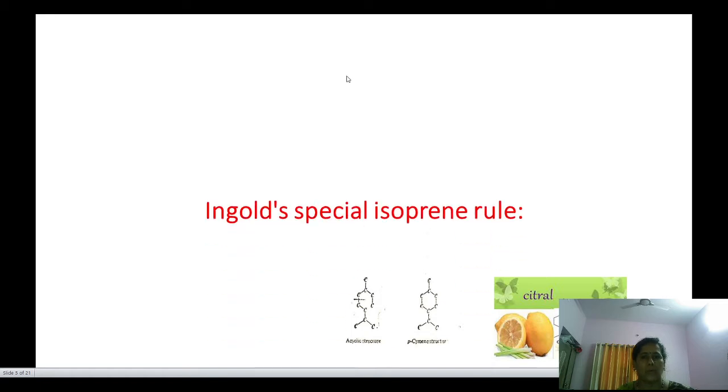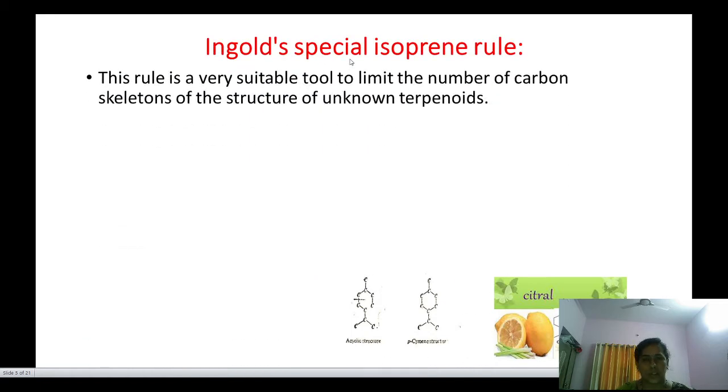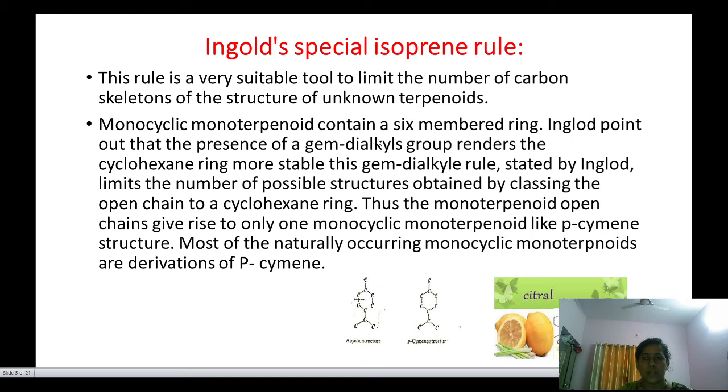Now we are going to see the Ingold special isoprene rule. This rule is a very suitable tool to limit the number of carbon skeletons for the structure of unknown terpenoids. Monocyclic terpenoids contain how many membered rings? A 6-membered ring. Ingold pointed out that the presence of gem-dialkyl groups renders cyclohexane more stable.